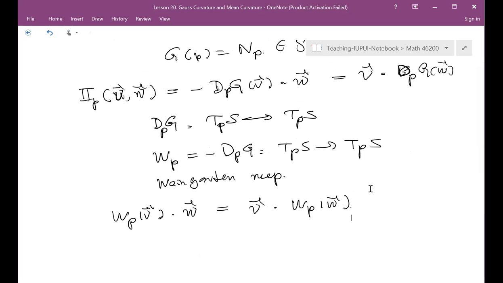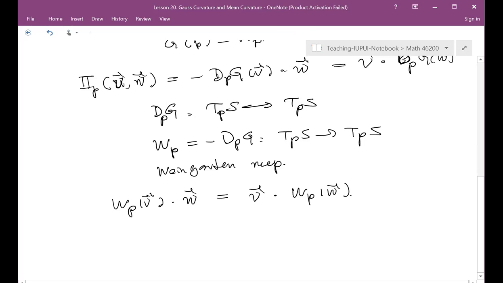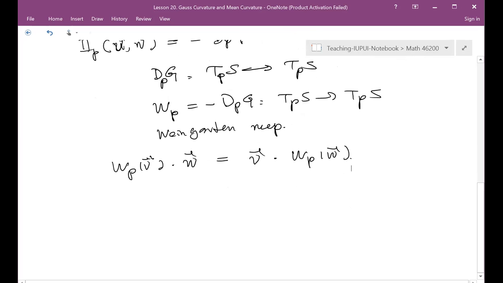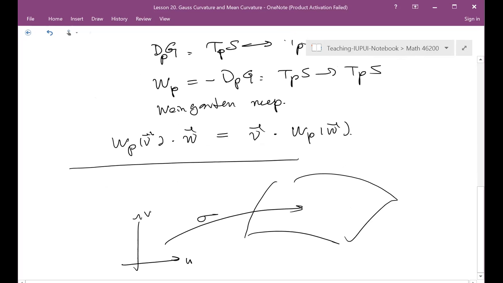In order to compute it, you have to introduce a surface patch to do the computation. So if you want to compute it, all these quantities are defined on a surface patch, with u and v in some open domain.